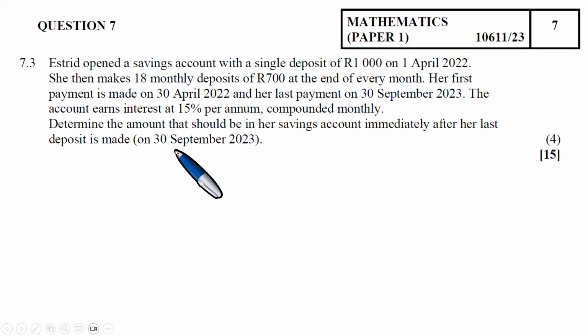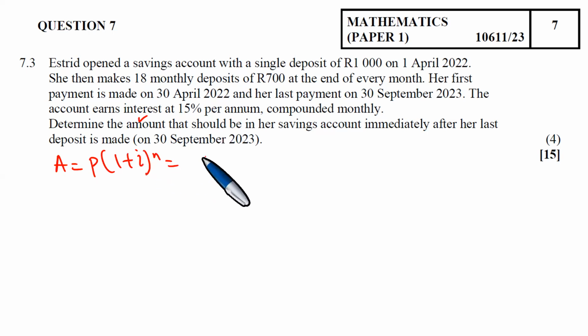Determine the amount that should be in her savings account immediately after her last deposit is made on 30th of September 2023. So to do this question now, what are we asked to do? We need to determine the amount that should be in her savings account immediately after her last deposit is made, okay? Right, so first things first, we're gonna proceed as follows. We need to first determine the final amount. So A is P into 1 plus i to the power n.